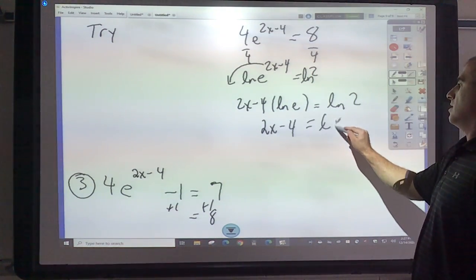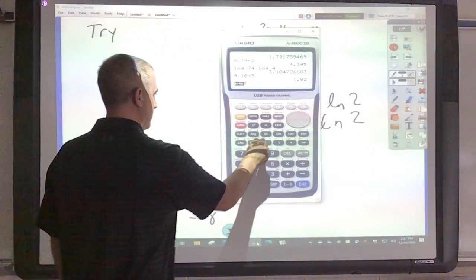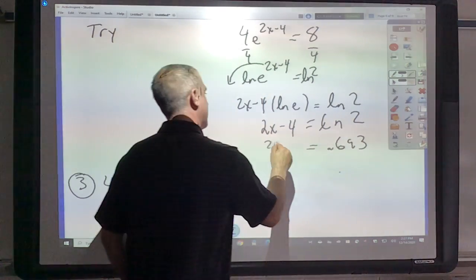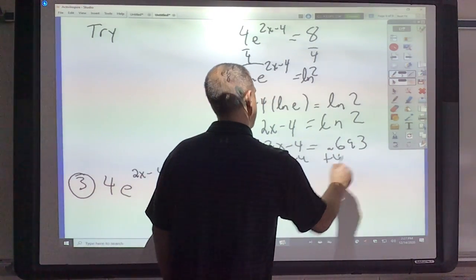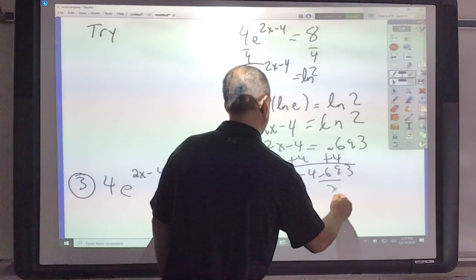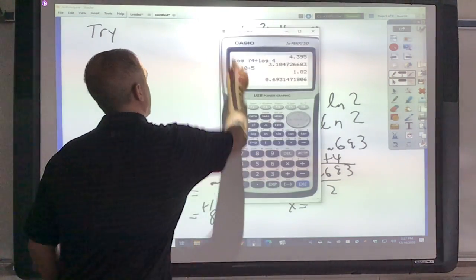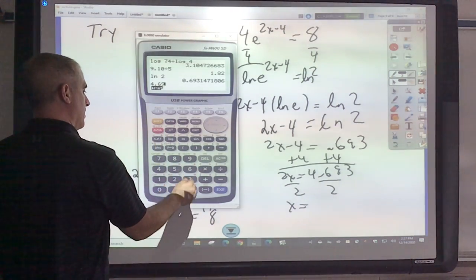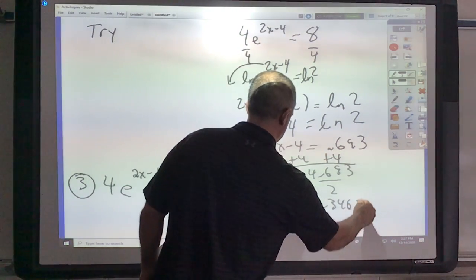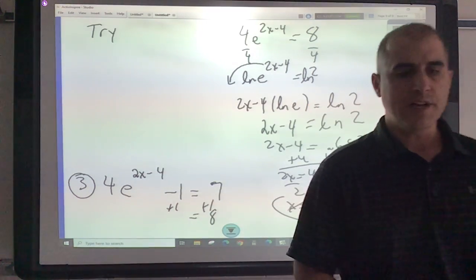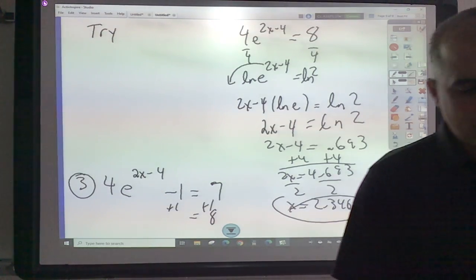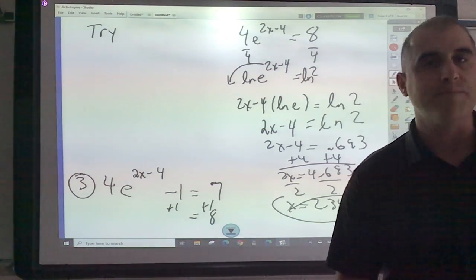Natural log of 2 is 0.693. So then all I have to do is add 4, which gives 2x equals 4.693, and then divide by 2, which is 2.3465. And so that's a good start for the basic exponential equations. In the last lesson, we'll get into a couple of the more complicated examples.